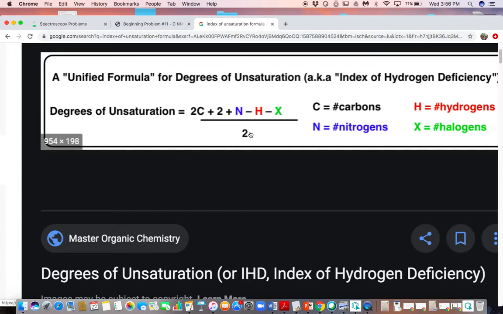Or it could mean that you have 1 triple bond, right? Because remember, 1 triple bond has 2 pi bonds with it. It doesn't tell you exactly how many pi bonds or rings you have. It just tells you the combined number overall. But again, it gives you a tremendous leg up on getting a jump start to the problem.